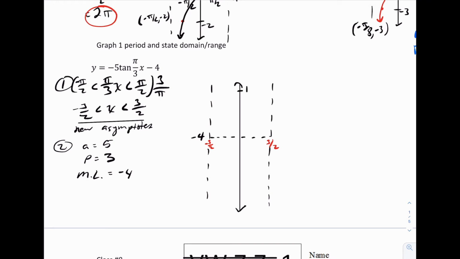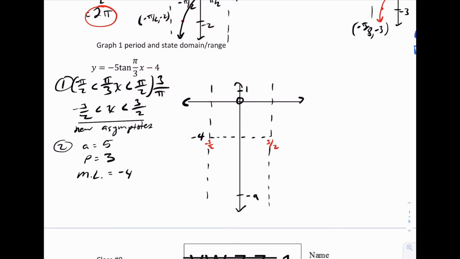If we go down 5, that should be negative 9. And that would also mean our x-axis is right about here. And I'll put a line right here to note that.